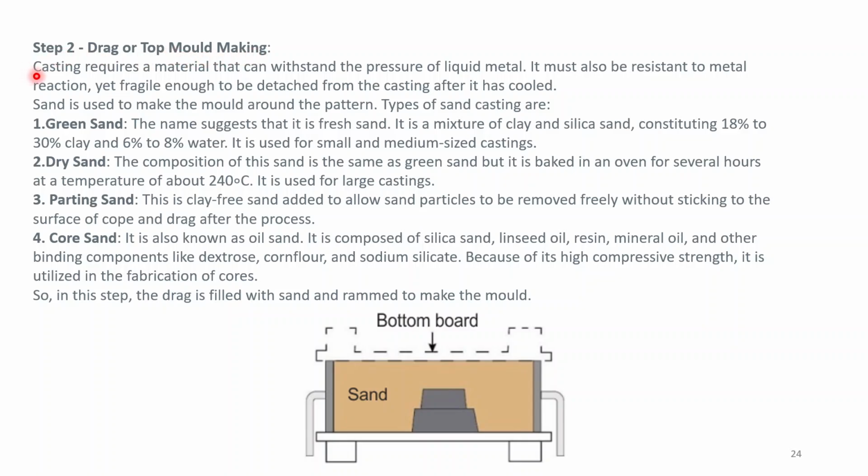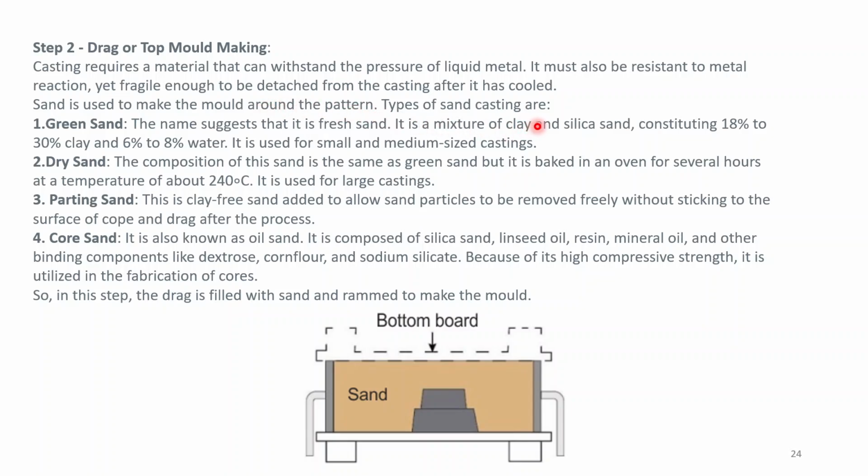First, casting requires a material which can withstand the pressure of liquid metal. It must also be resistant to metal reaction, yet fragile enough to be detached from the casting after it has cooled. So sand is used to make the mold around the pattern.